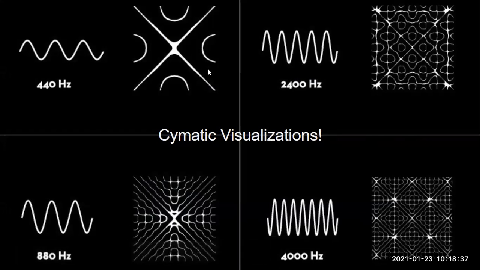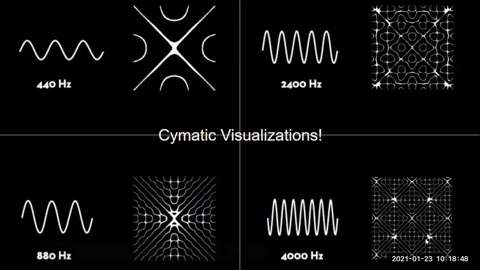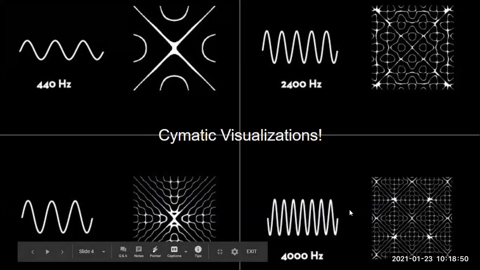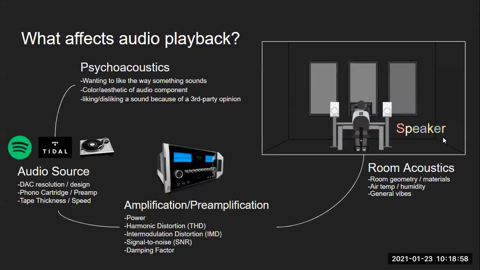At lower frequencies, it's a lot more spaced out, a lot more simplistic. At higher frequencies, those quick wavelengths develop into a more complex pattern. That's a pretty cool thing to show as well, how that looks in a plane.